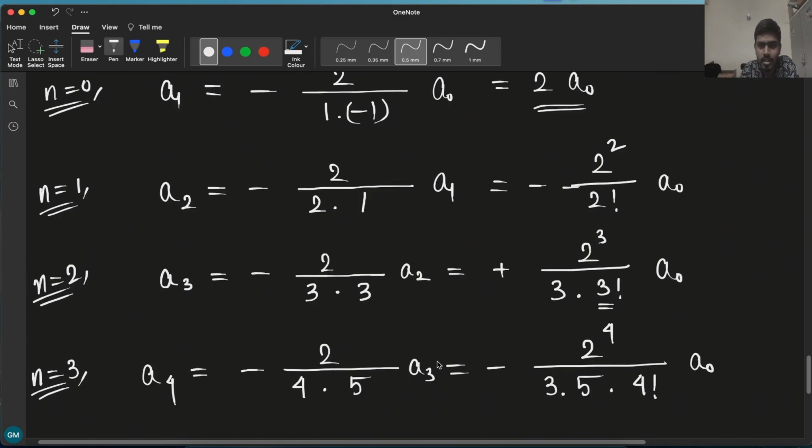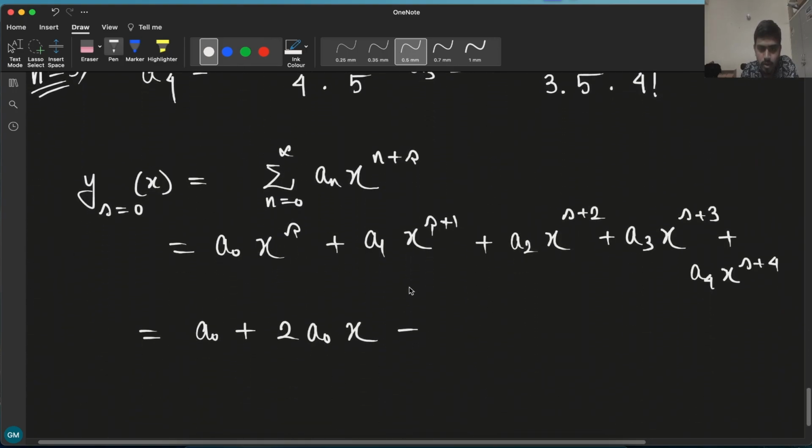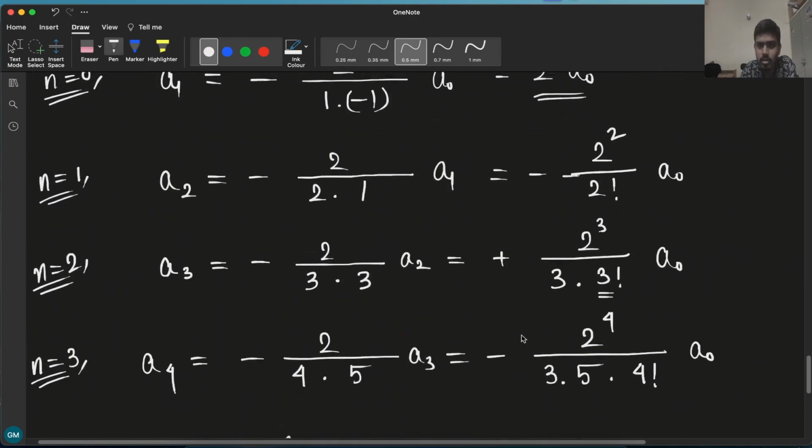a2 is minus 2 square divided by 2 factorial, so minus 2 square divided by 2 factorial times a0, right?